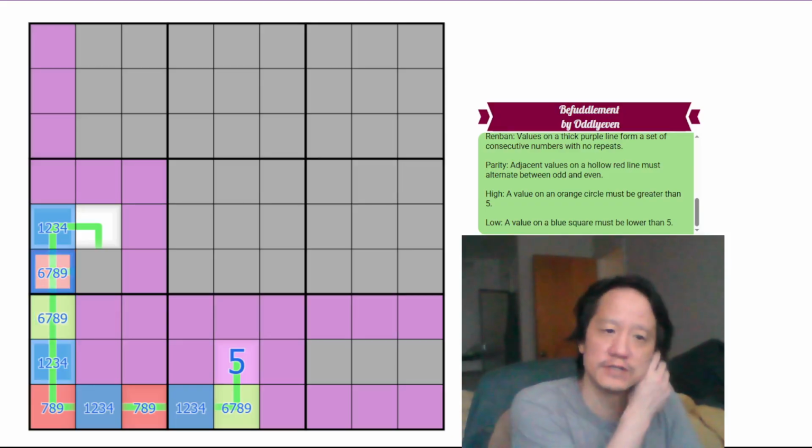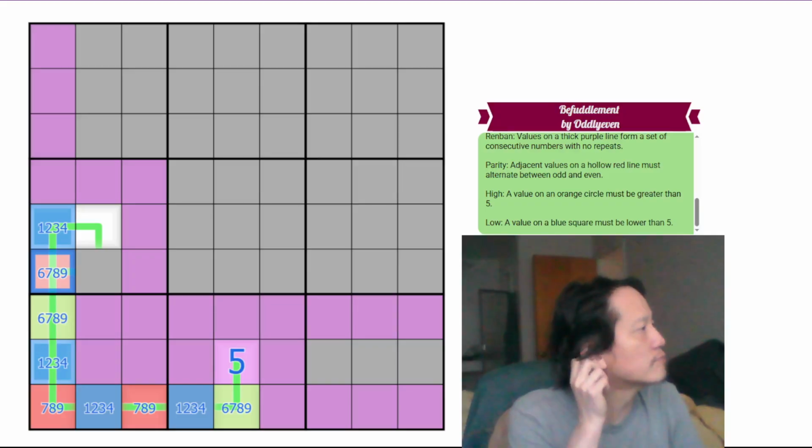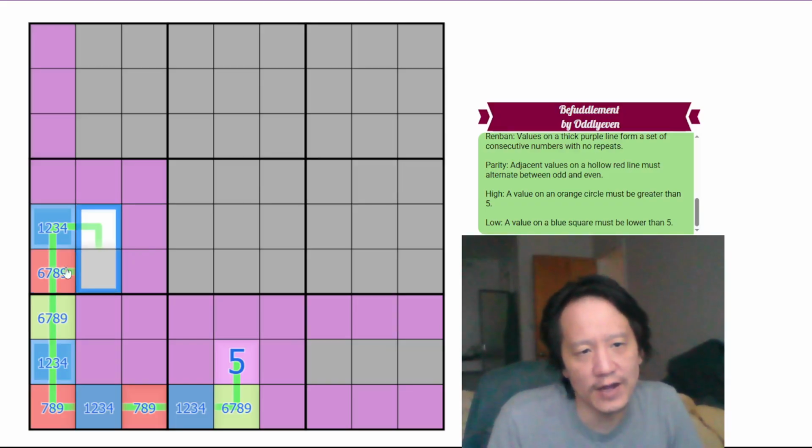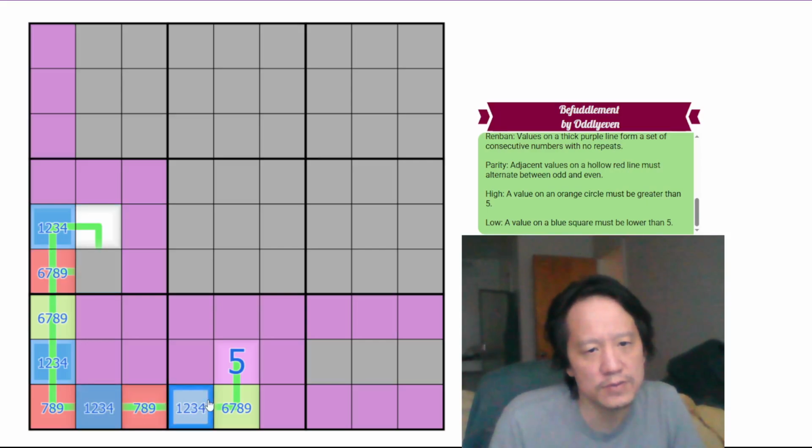This could be, well, so where is the 6 as a value? The 6 as a value has to be one of these 3. Because this would be in between two unique values, 1 and 2 at least, so it can't be 6. Same here.